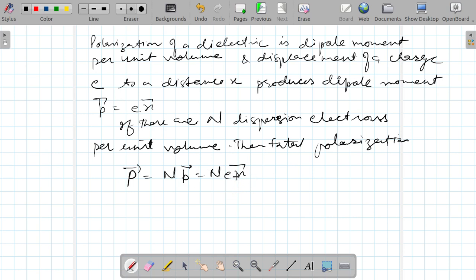So keeping this in mind, let us multiply equation number 4 by Ne on both sides.